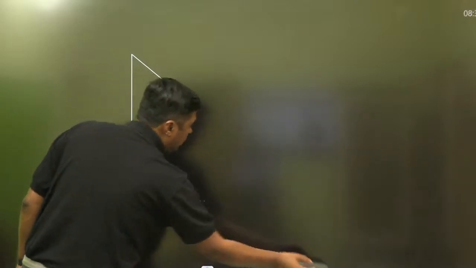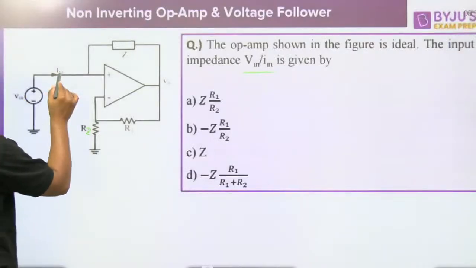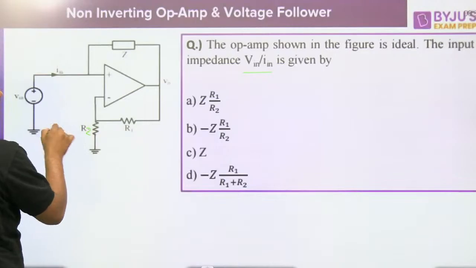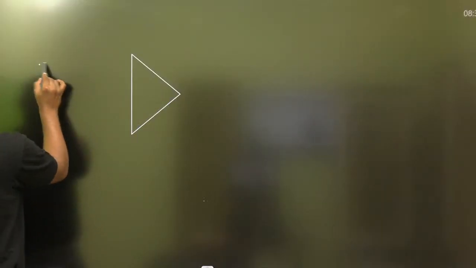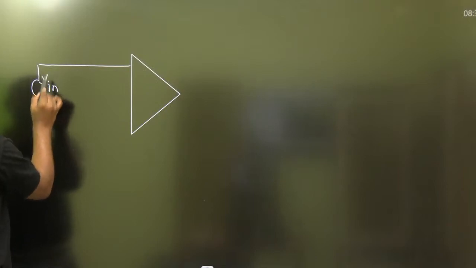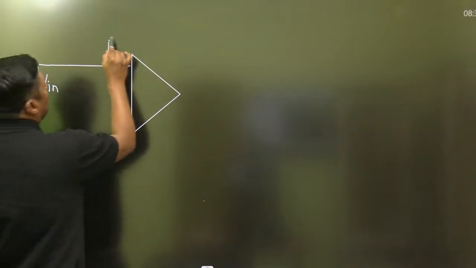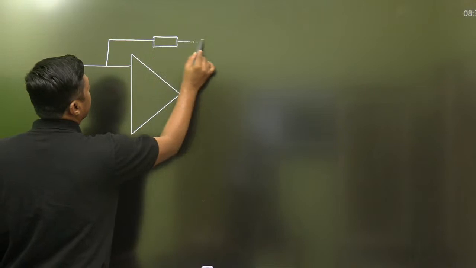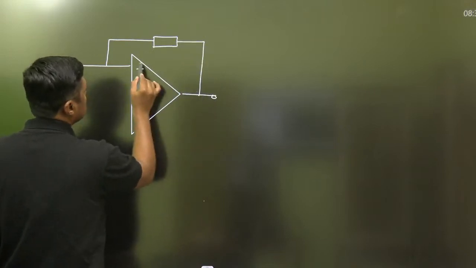then how to check? For example, in this diagram, Vin is connected here. This is the voltage Vin. One feedback is connected, impedance is connected here, no problem. This is called positive feedback.